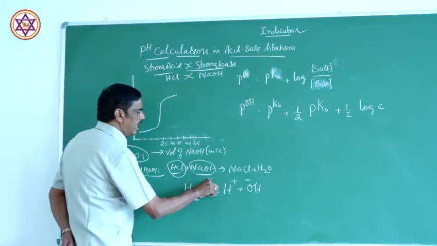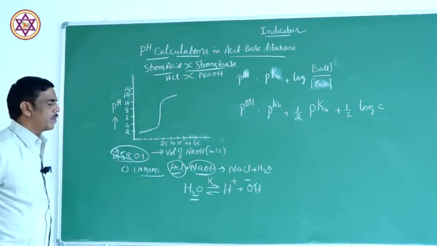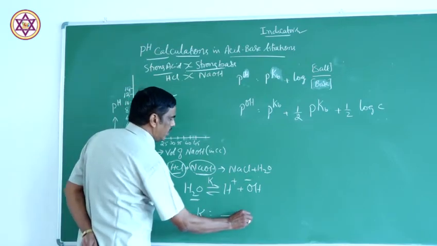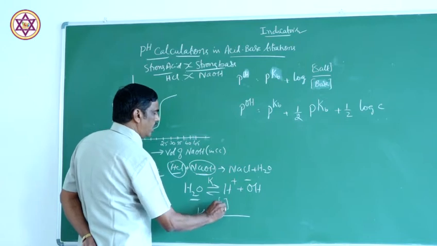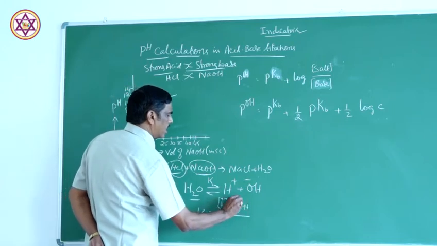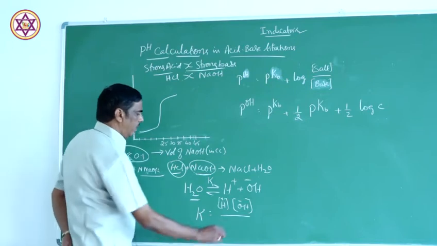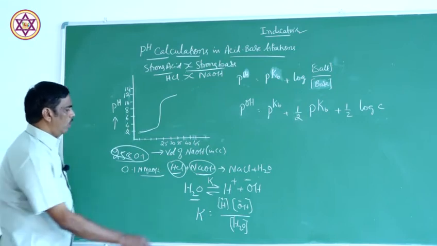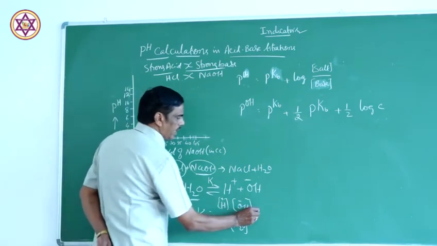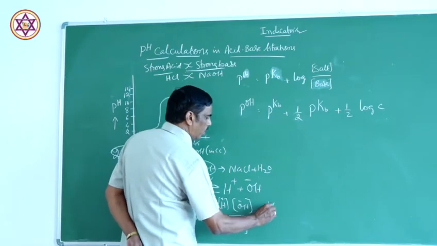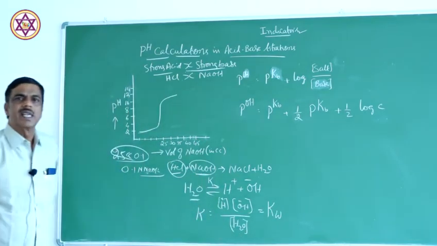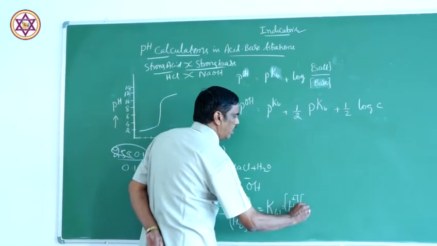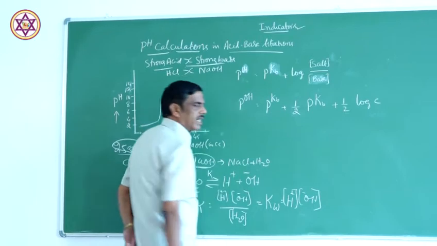Let the equilibrium constant be K. By applying the law of mass action, K is equal to the concentration of H plus ion into the concentration of OH minus ion divided by the concentration of H2O. Because the water concentration is constant, we can represent this as Kw, the ionic product of water. Kw is equal to H plus ion concentration into OH minus ion concentration.